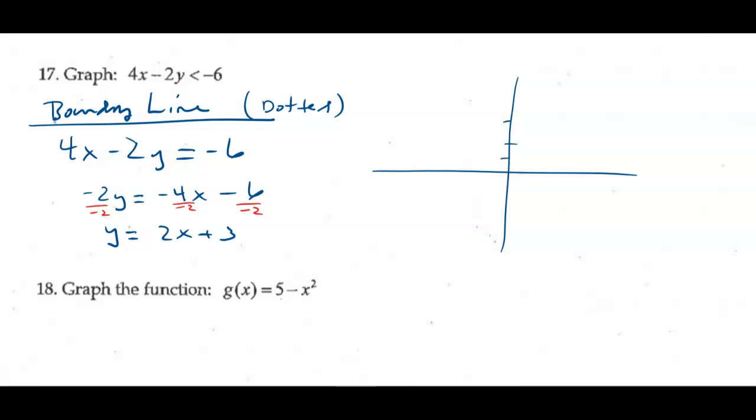I mean 0, 3, sorry. And my slope is 2 over 1. So that means I'm going up 2 over 1 or down 2 over 1. Done.